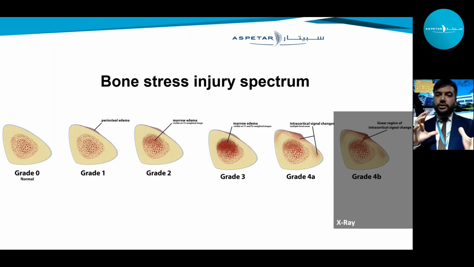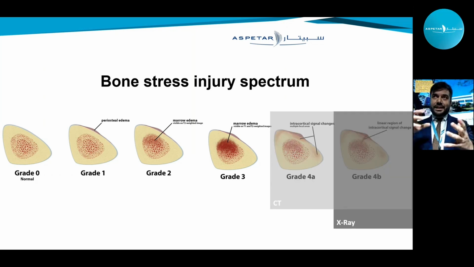Which imaging technique should we choose? Let's see which grades the different imaging techniques can detect. The X-ray, as we saw before, can just detect the incomplete fracture, the stress fracture, and has a very low sensitivity for bone stress injuries because only the latest stage injuries can be detected.